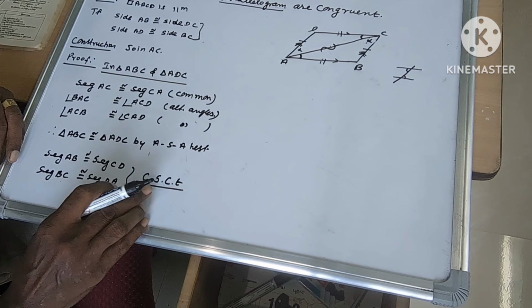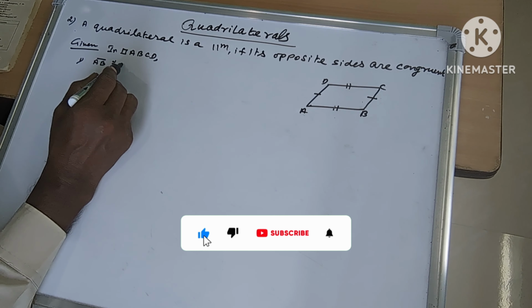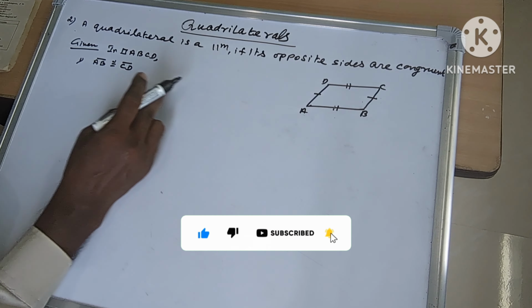So given: in quadrilateral ABCD, AB is congruent to CD and AD is congruent to BC. To prove: quadrilateral ABCD is a parallelogram.